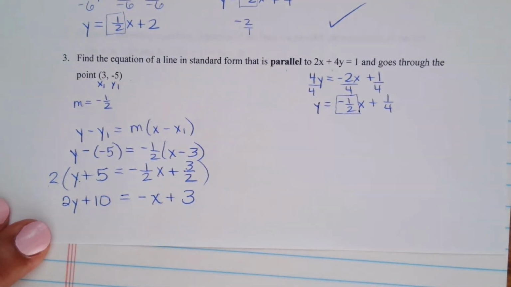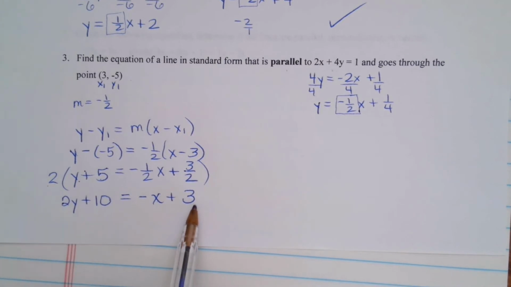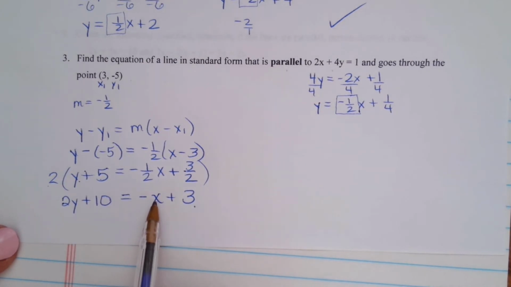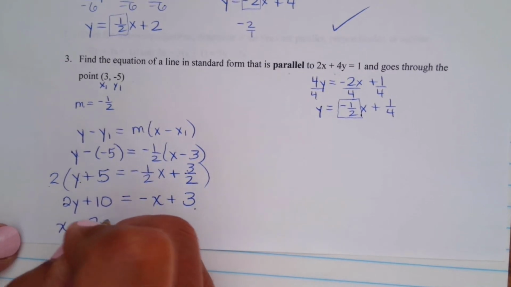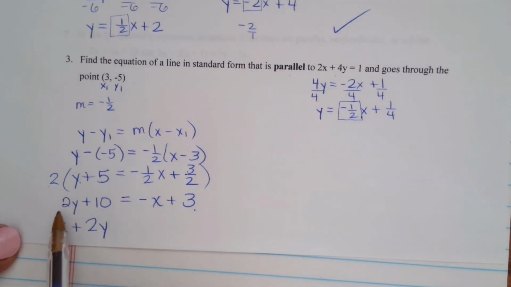Alright, so now, standard form, the x has to come here and the 10 has to go there. Okay, so I'm going to do that all in one step. I'll walk you through it. So we're going to take this -x over to this side. It'll become positive. Okay, so moving in front of the y. And then instead of writing plus 10, I'm going to move it over here to this side.